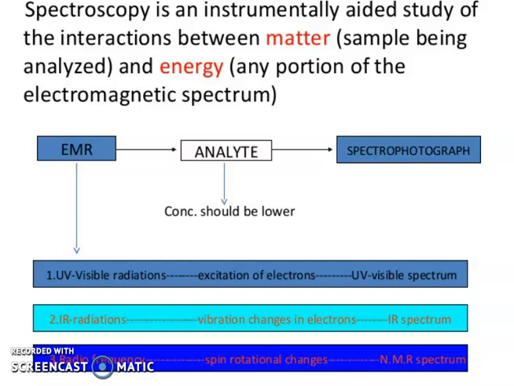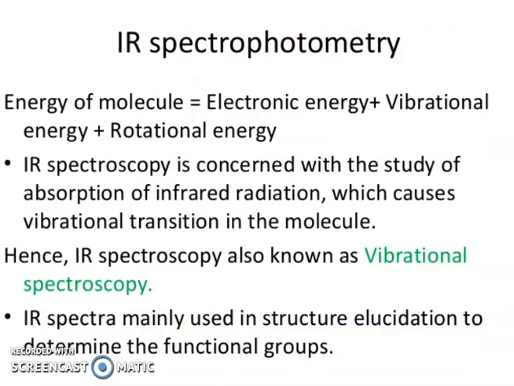So EMR: UV visible radiations cause excitation of electrons, giving the UV visible spectrum; IR radiations cause vibrational changes, giving the IR spectrum; and many more spectroscopy techniques like NMR are also associated with EMR.